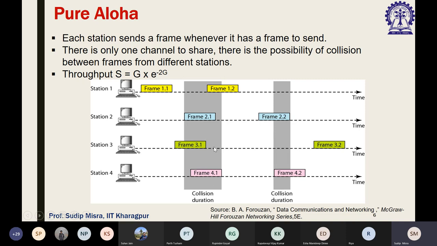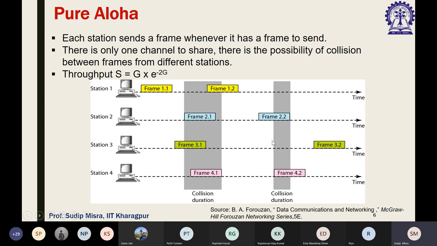For example, in this scenario, during this particular duration of time, you have this probability of collision between frames 1.2 and 2.1, between 1.2 and 3.1, between 4.1 and 2.1, like this. So all these different frames can collide with one another during this span of time.